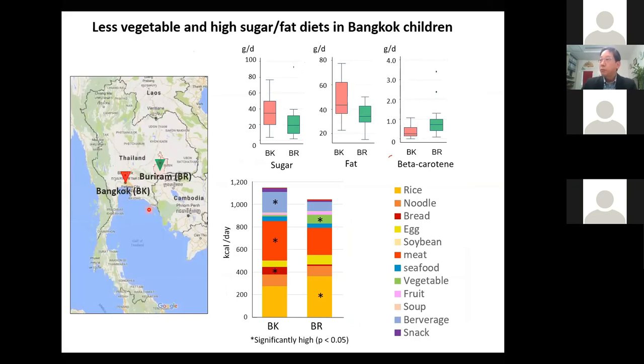And so this is a dietary record. So they have a different daily diet actually. So you can see that Bangkok children eat more meat and sugar and fat and less vegetable.